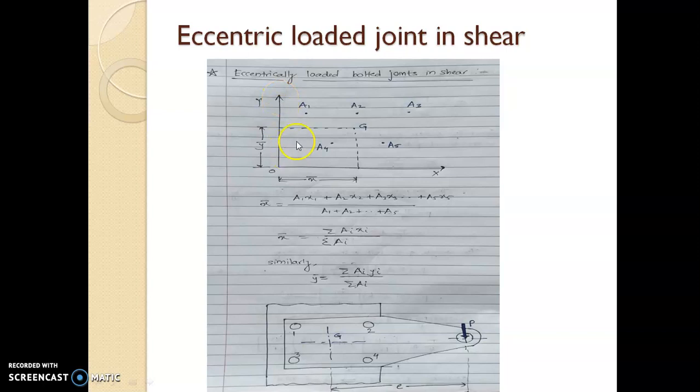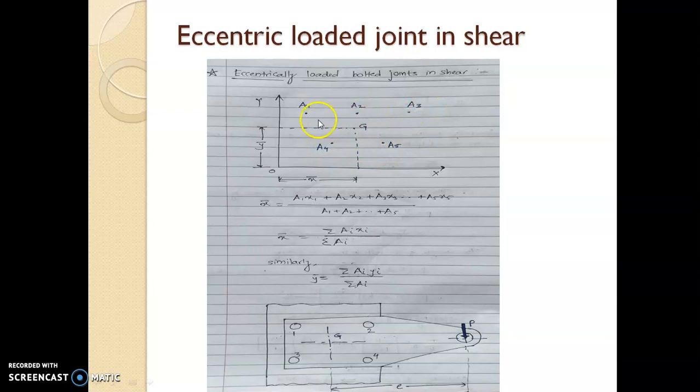See here, if we fix two metal plates by a number of bolts, the bolts are graphically represented in this diagram on an XY graph. This is bolt 1 having area A1, this is bolt 2 having area A2, likewise A3, A4 and A5.